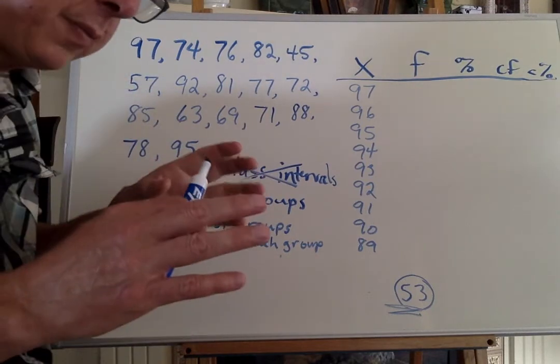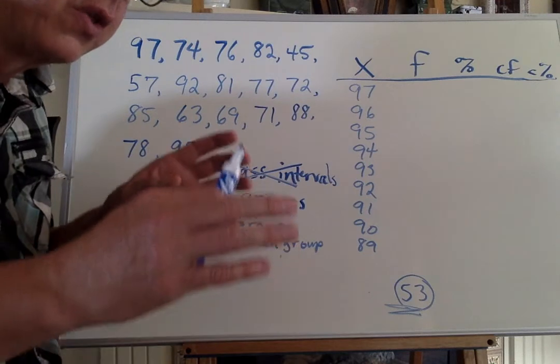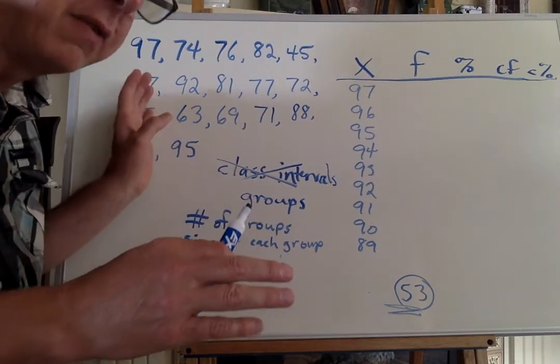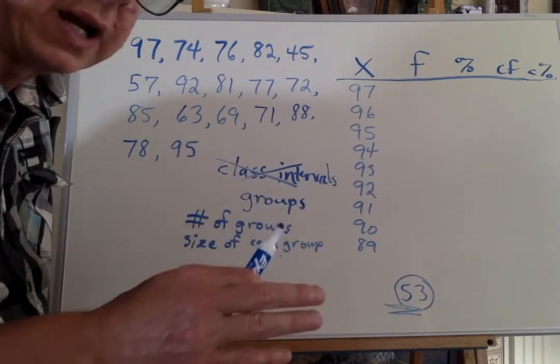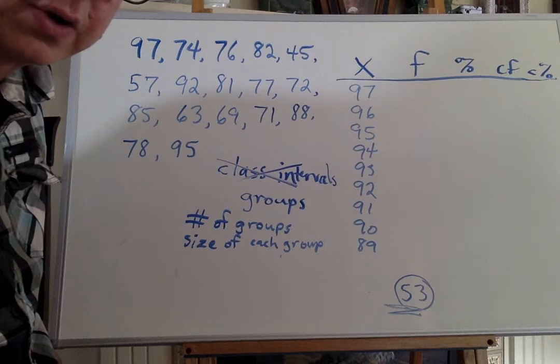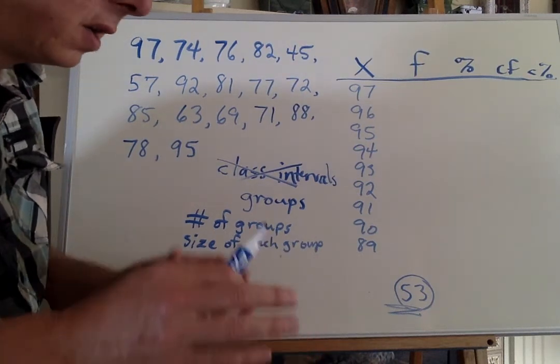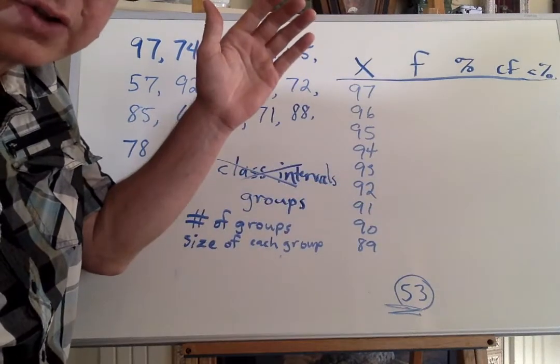I want to try to see how the individuals are distributed within that range. I'll repeat that, because it's very important. My goal is to see how the scores are distributed across that range.